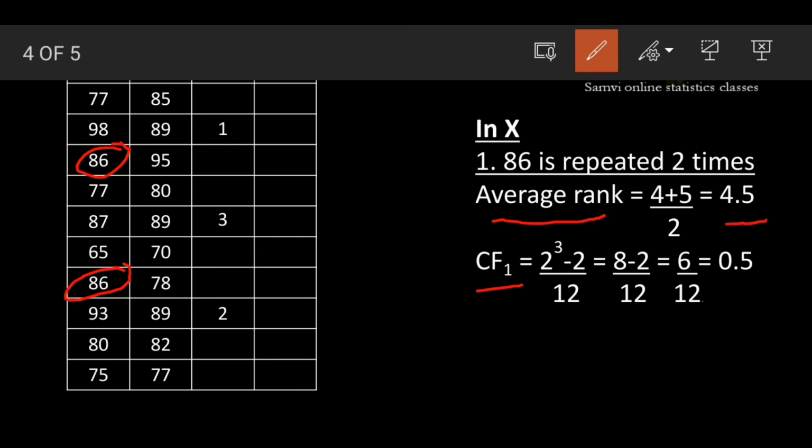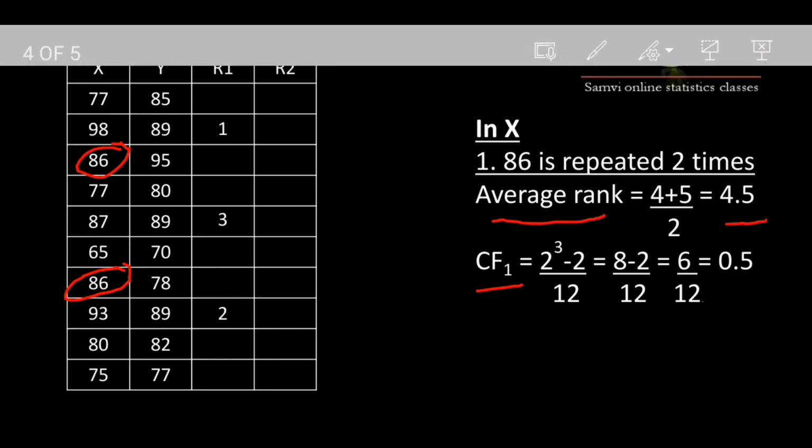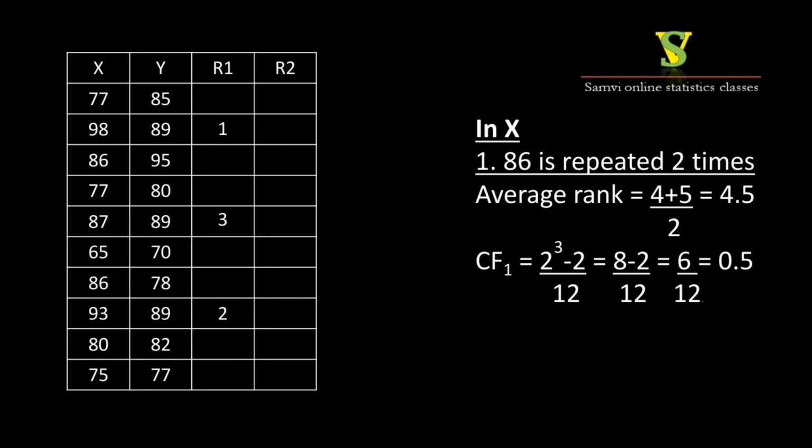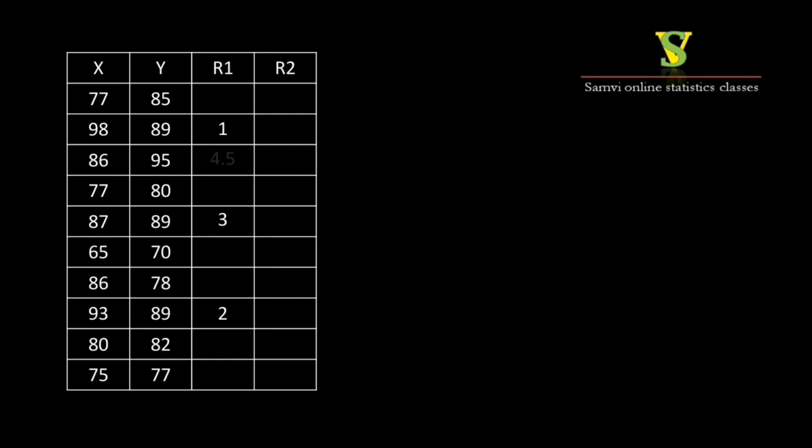Simplifying, we get 6 divided by 12, which is equal to 0.5. Understood? Once you have calculated these values, the next step is allotting this average rank in front of the 86s: 4.5, 4.5 and 4.5.